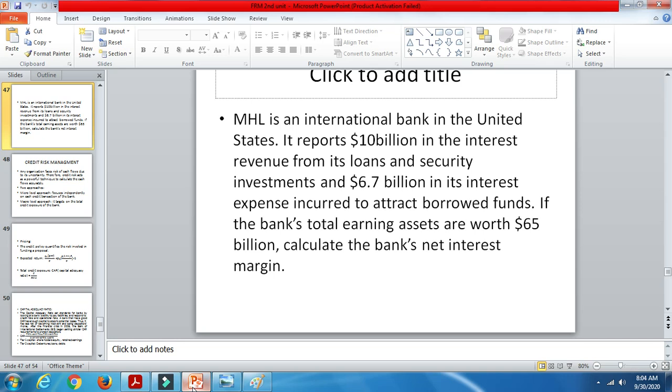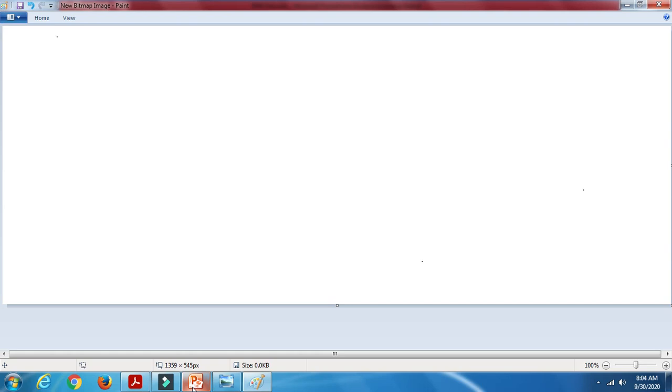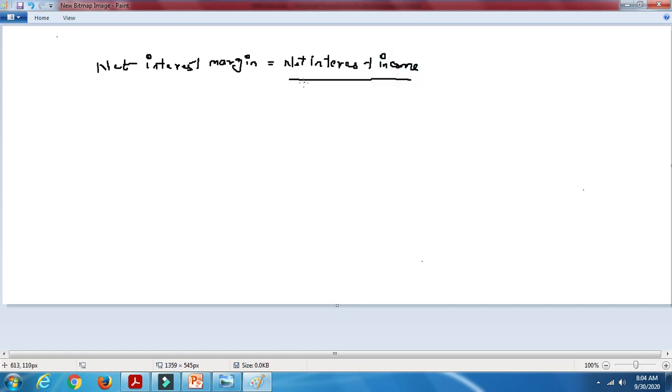So over here, the formula for net interest margin is net interest income divided by total earning assets.